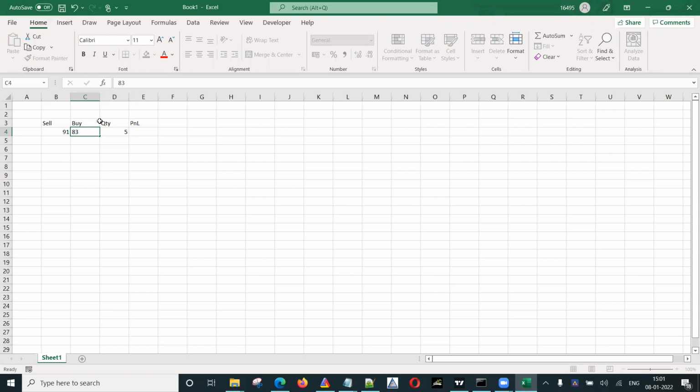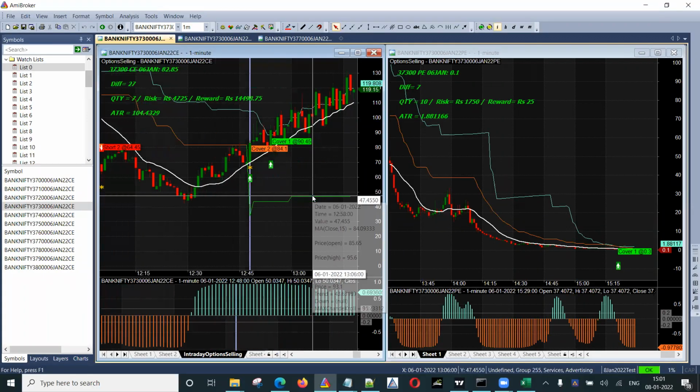So 83, quantity 5. What is the PNL? PNL would be this minus this multiplied by 5, and I have to multiply it by 25. So my profit is only 1,000, right?